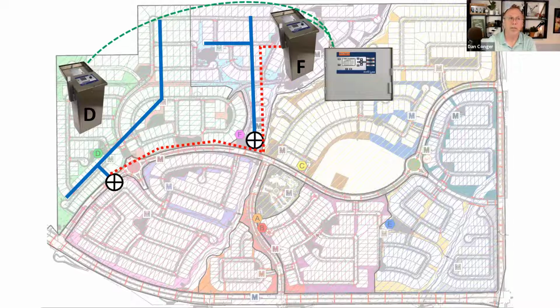So when controller F wants to open a master valve for controller F's mainline, it's only going to open controller F's master valve. When controller D wants to open it, it's talking to the flow station and asking for that information. And now the flow station would send the command to controller F and say, open D's master valve, and it would open it. Right. Yeah, that is good.